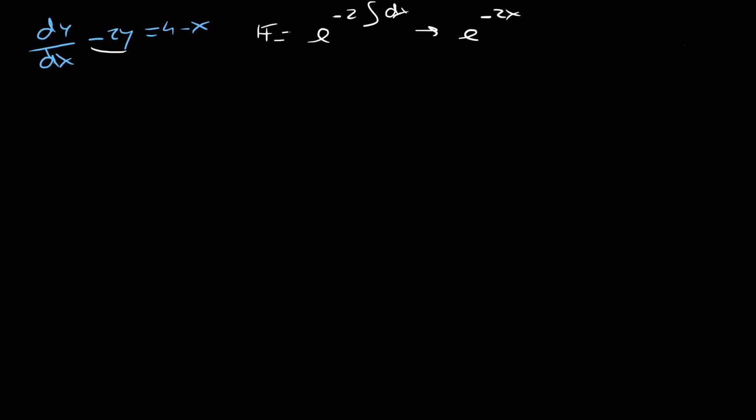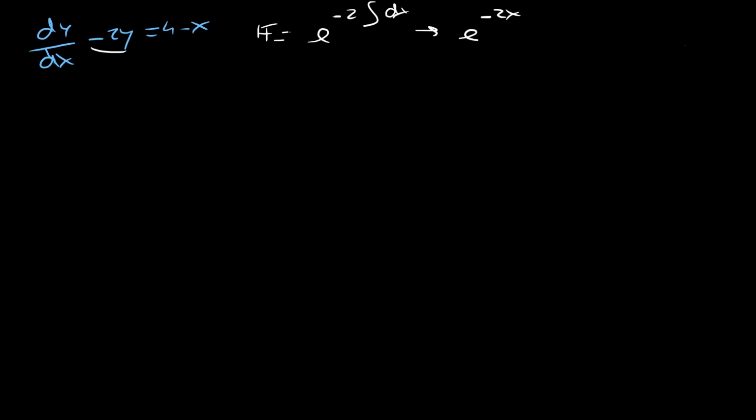What about this one? So let's say now we have dy/dx minus 2y equals 4 minus x. So how do you solve this one? Again, same thing. The integrating factor is equal to e^(integral of minus 2 dx), so this is e^(minus 2x).